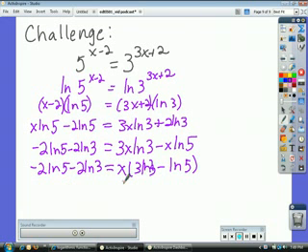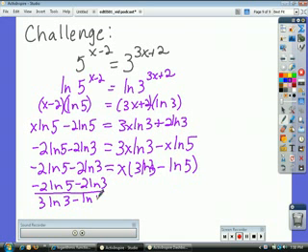And last but not least, we want to get x by itself, which means we're going to divide by this expression. So this will be negative 2 times the natural log of 5 minus 2 times the natural log of 3 divided by 3 times the natural log of 3 minus the natural log of 5 equals x. And this would be a constant number.